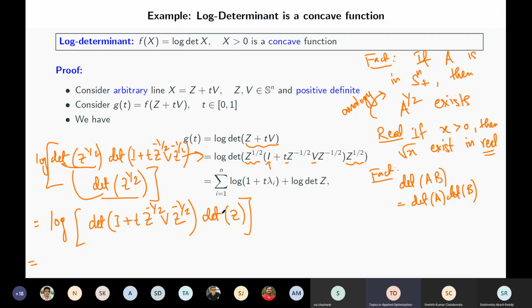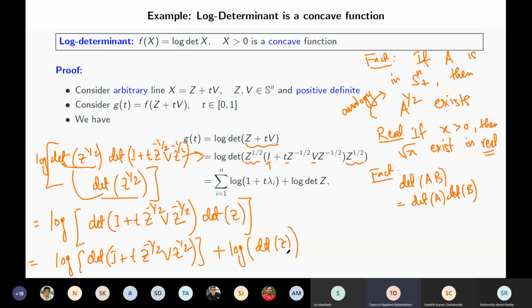So this will become the sum. Okay, so log of x y is log x plus log y, right? So this will be log of determinant of I plus T Z minus half V Z half, and plus a log of determinant of Z.